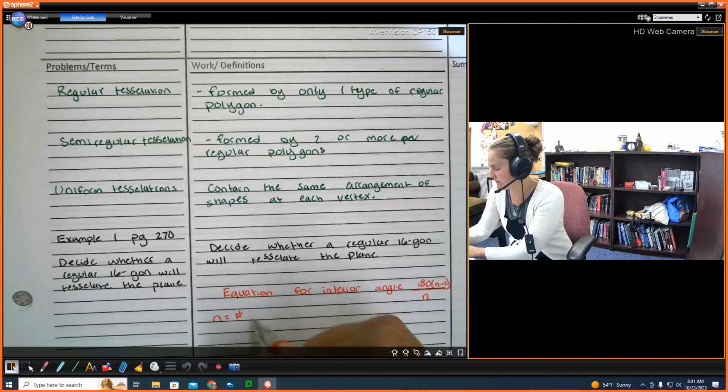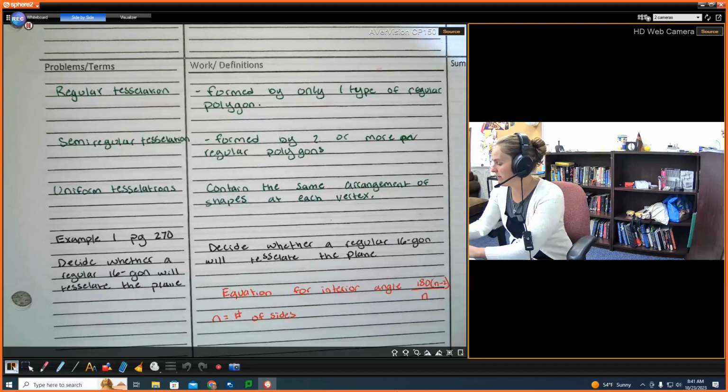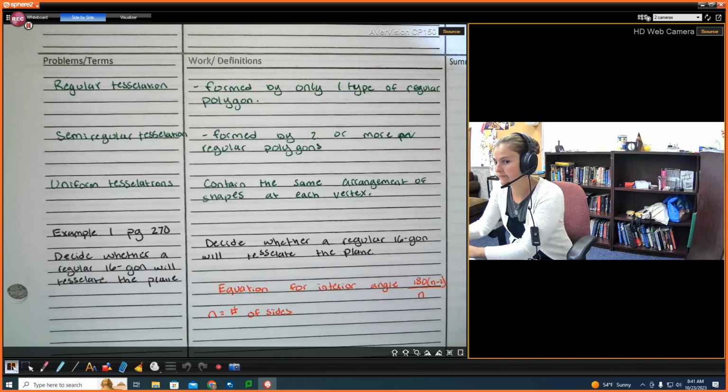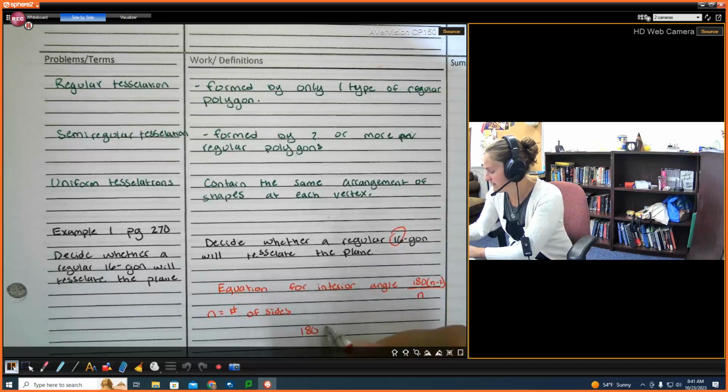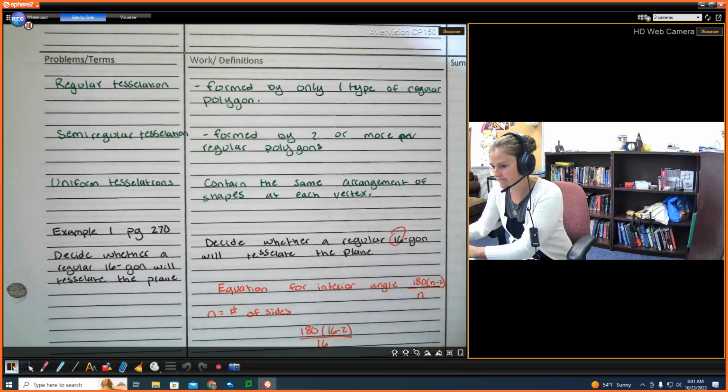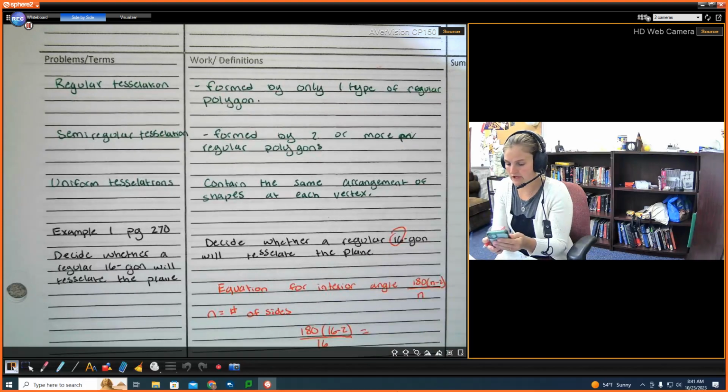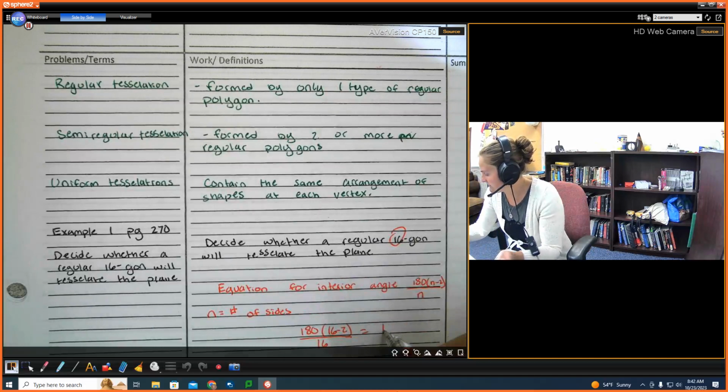Number of sides or number of angles. Okay, so what are we plugging into this equation? 16, that's right. So we got 180 times 16 minus 2, all divided by 16. So I'm doing that on my calculator. 180 times 14 divided by 16 equals 157.5 degrees.